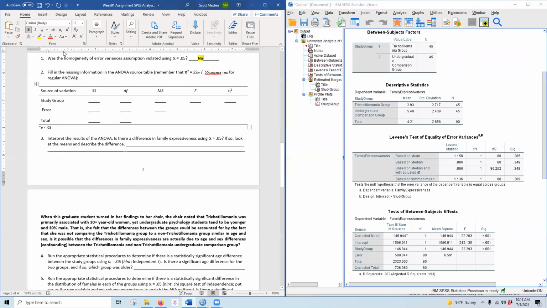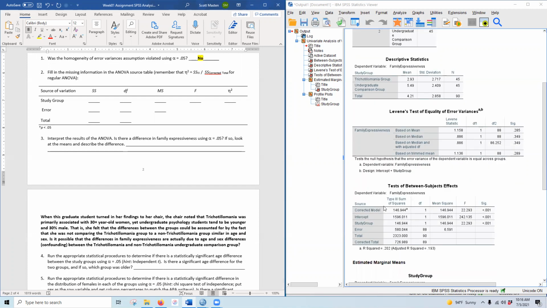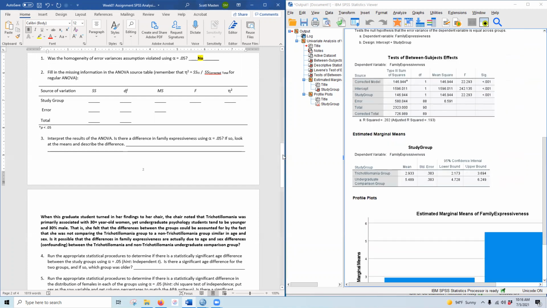So we got to fill in all this stuff in this table, so let's do that. Tests of between-subjects effects. Study group is right there: 146.94, degrees of freedom for that is 1.